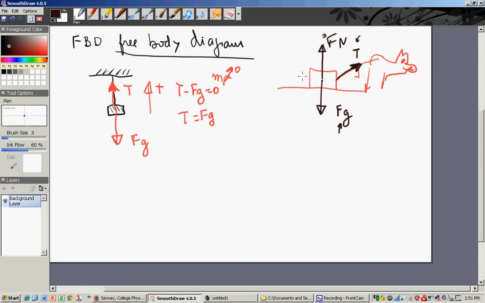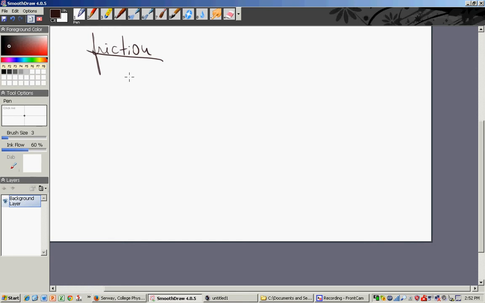So now I have a normal force, a tension force, a gravity force, and if my block has no wheels and if the floor is rough, I have some resistance to its motion called friction. I have a friction force that is preventing the block from moving freely. So in this case, as long as I ignore air resistance, those are the forces that are playing some role in my block: friction, gravity, tension, and normal force. Okay?